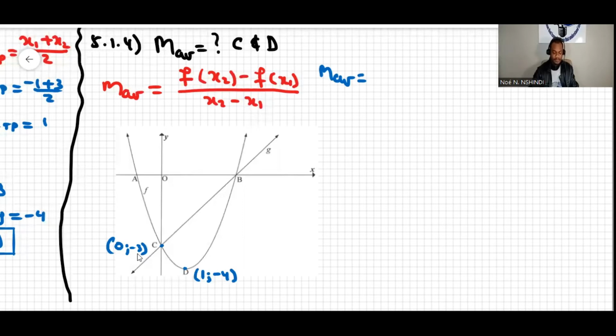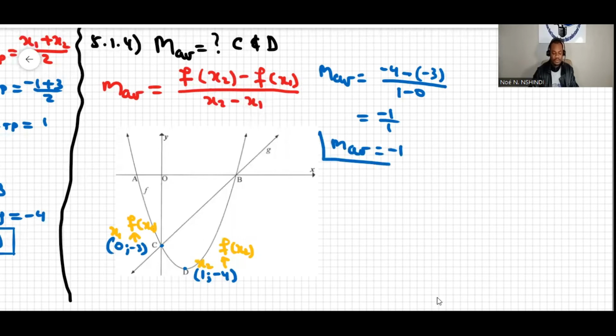That's -4 minus -3, all over 1 minus 0. So this would be -1 over 1, and M average is equal to -1.